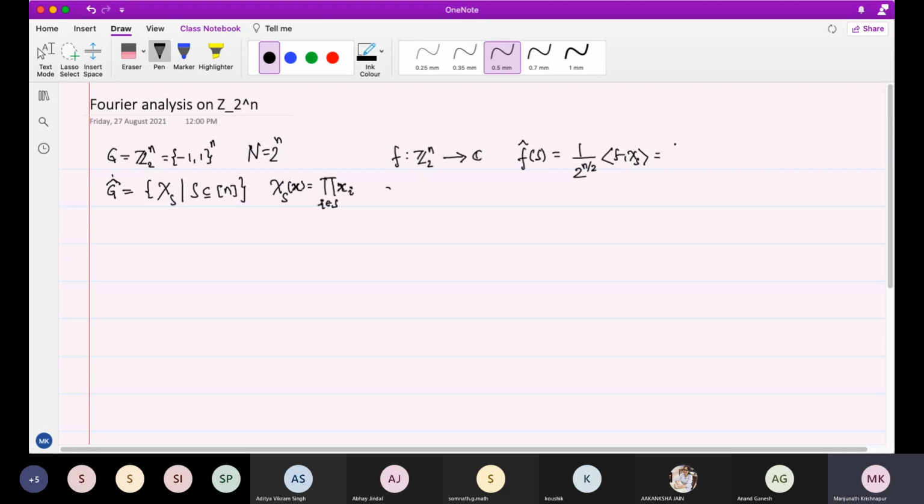So these are the Fourier coefficients. Anyway, I don't need to write what it is.